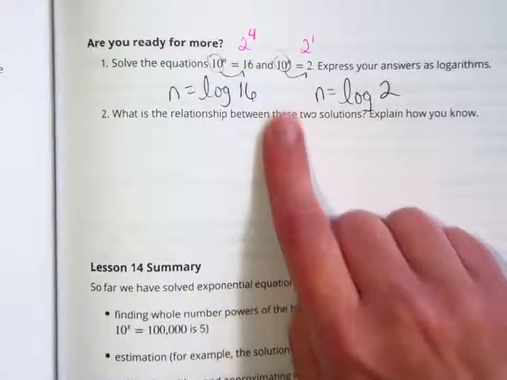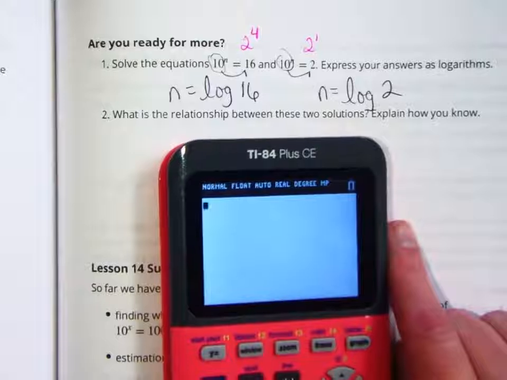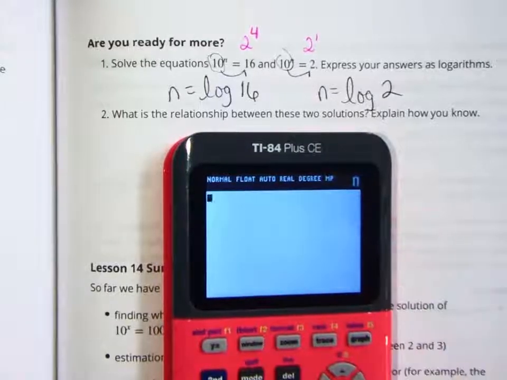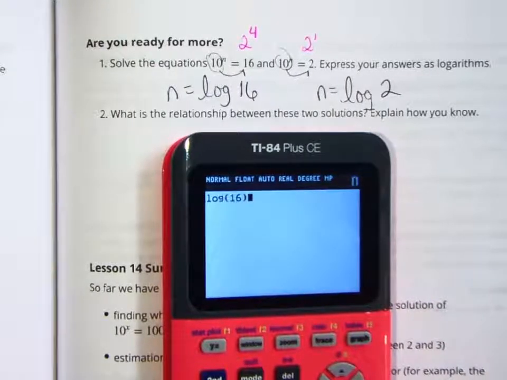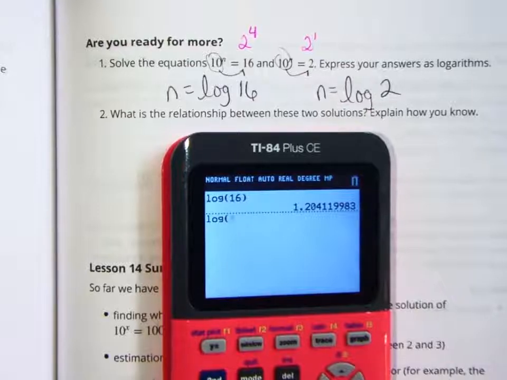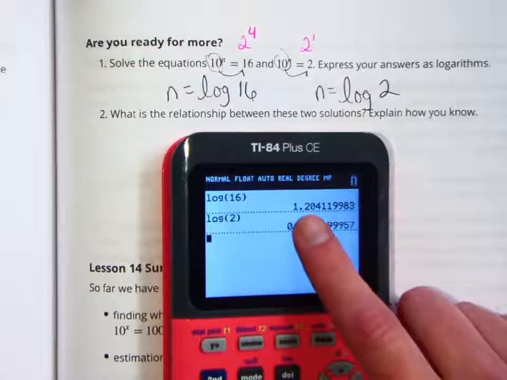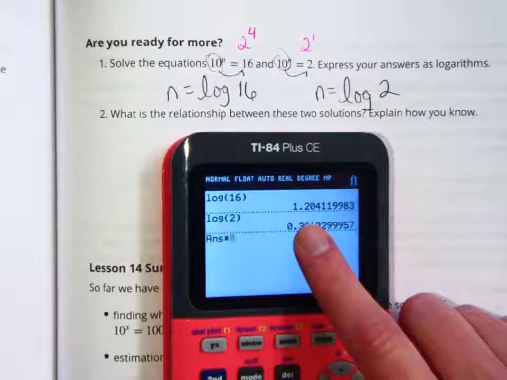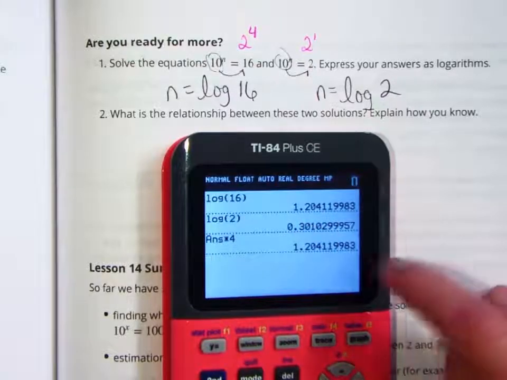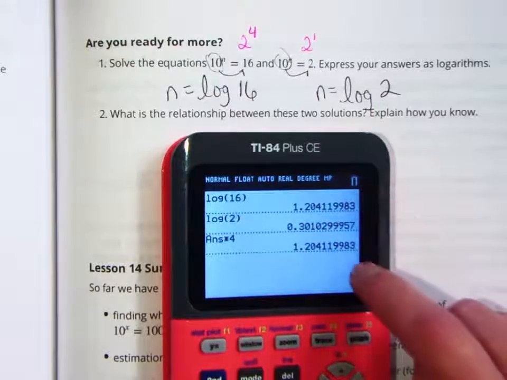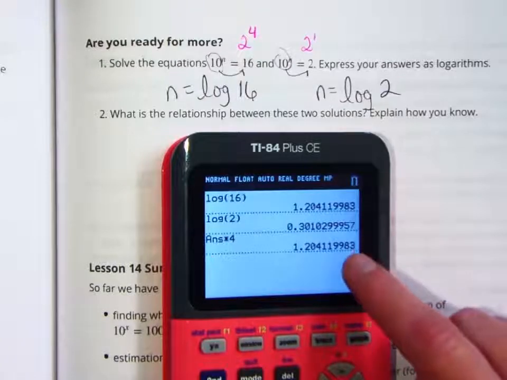And so this one I actually am going to pull in my calculator and see what's going on about the relationship between these two solutions. Because if I look at the log of 16, and if I look at the log of 2, interestingly enough, they're 4 times apart from each other. You see this?